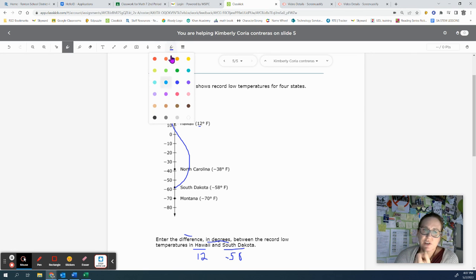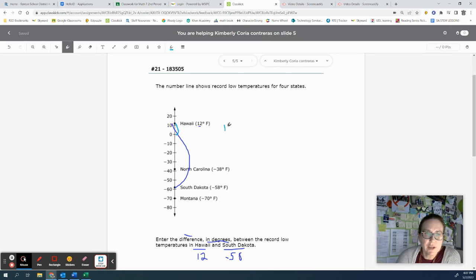There's several ways to figure this one out too. I'm going to go with kind of the long roundabout way. We have from here to here, we have 12, right? And from here to here, we have 58. So we're just taking the absolute value, right? And so we're looking at what's the difference in degrees.